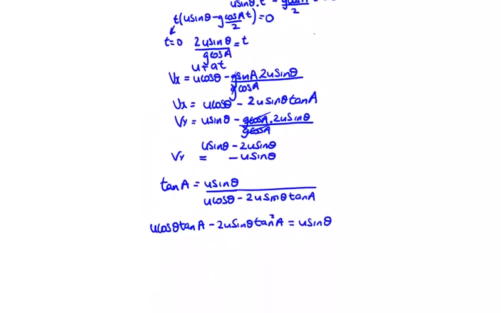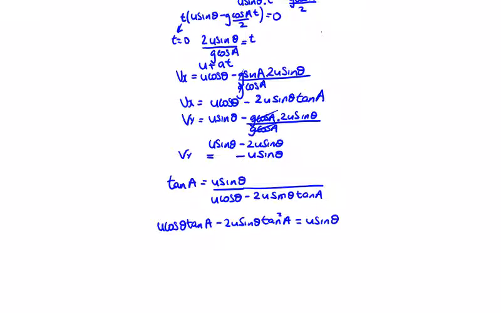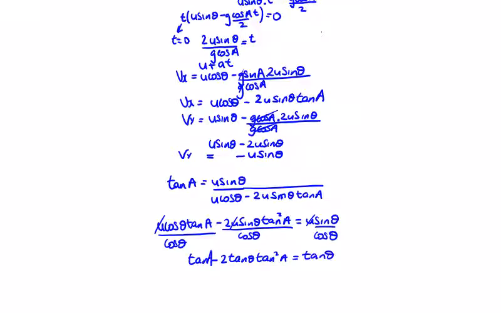And we're asked to simplify it down in tan theta, so we need to get tan theta into this question. We can divide across by u initially, but we'll need to divide by cos theta to get tan theta in here. So we'll divide every term by cos theta. I'm going to get tan alpha minus 2 tan theta tan squared alpha is equal to tan theta. So we want it in terms of tan theta, so I need to bring those two together.